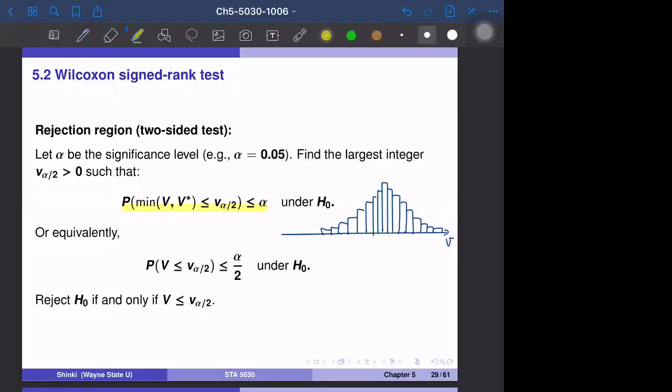Then the rejection region should be determined so that the total area in the rejection region is less than the significance level. So this is the rejection region, and this is also a rejection region for the two-sided test. This is the area alpha over 2, and this is alpha over 2, where alpha is the significance level.